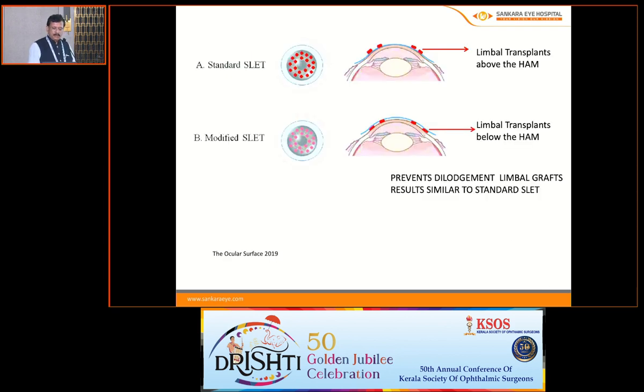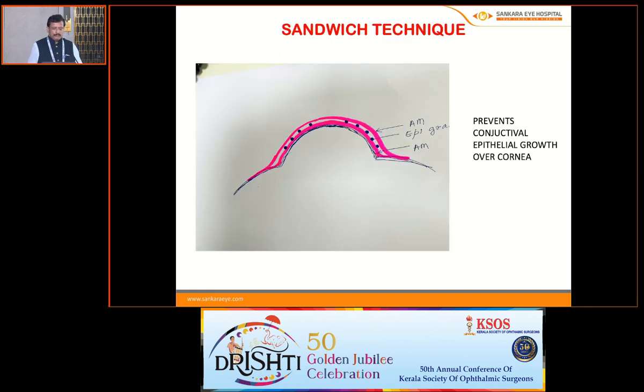And this is the standard SLET procedure where we put the amniotic membrane and over that we put the epithelial cells. And there is a modification where you put the epithelial cells first, and over that put the amniotic membrane. This has been published and done by one Chinese group. What they say is this epithelial cells will not dislodge, and also it will help in the modification of the stromal opacification. I don't know exactly, that is their claim actually.